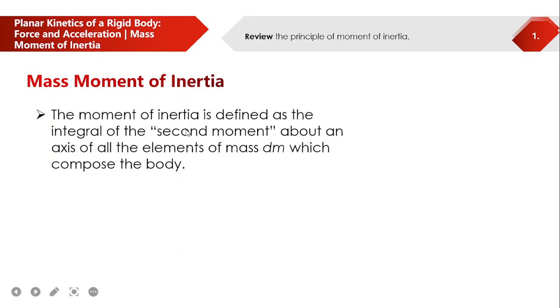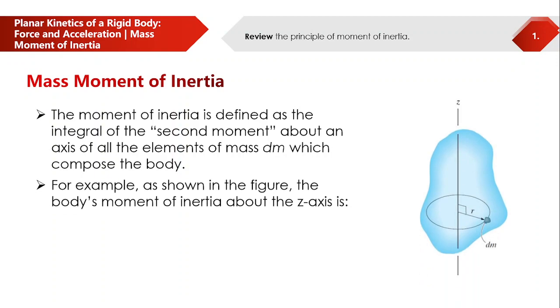Moment of inertia is defined as the integral of the second moment about an axis. Second moment involves the moment arm, and it will be squared, about an axis of all the elements of mass dm which compose the body. For example, as shown in the figure, take the body's moment of inertia about the z-axis.